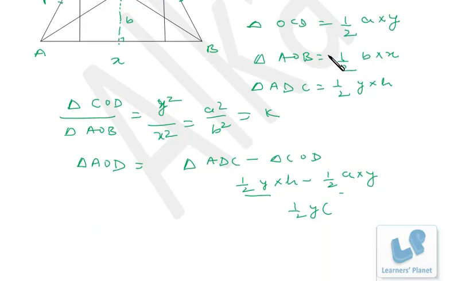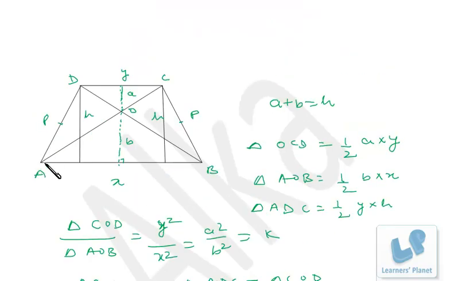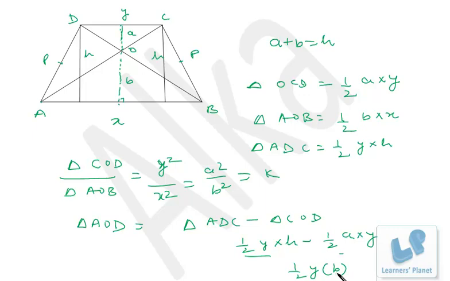That's B. So the area of triangle AOD is half of Y into B. Similarly, the area of triangle COB will be the same, because this length is the same as this length, so the area of this triangle will be equal to the area of this triangle.